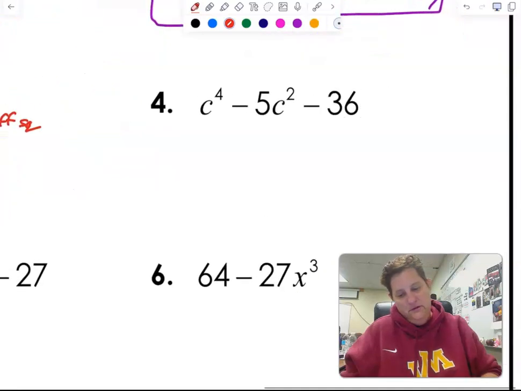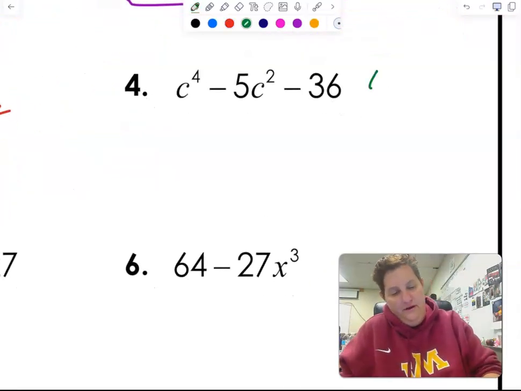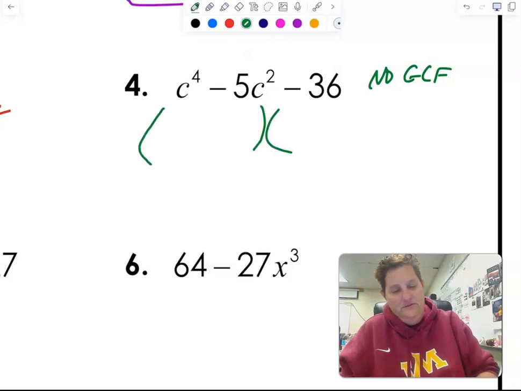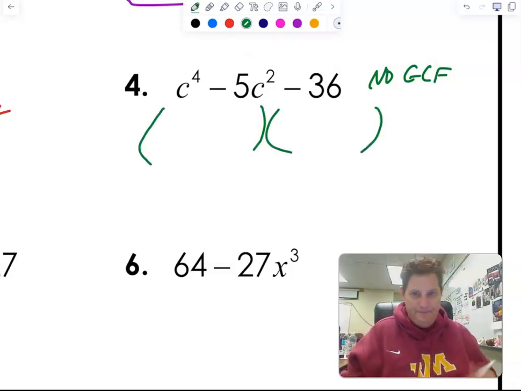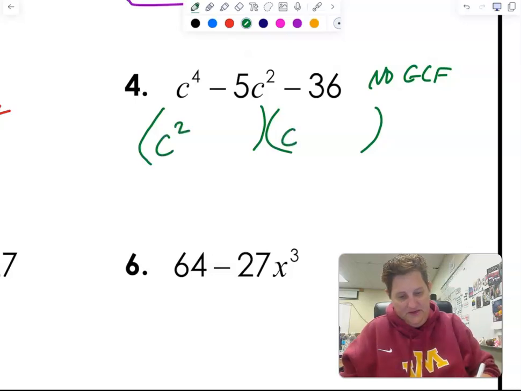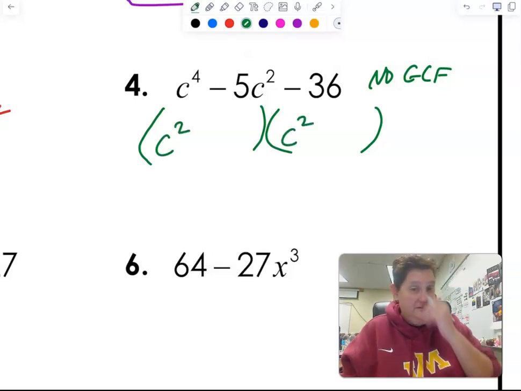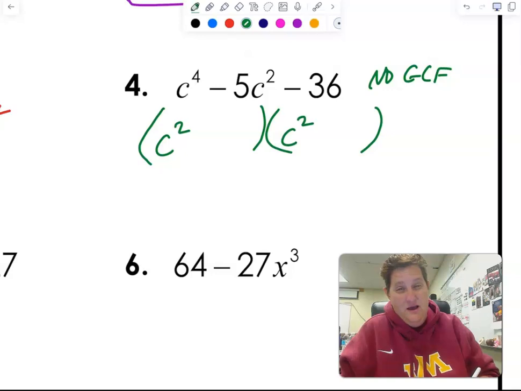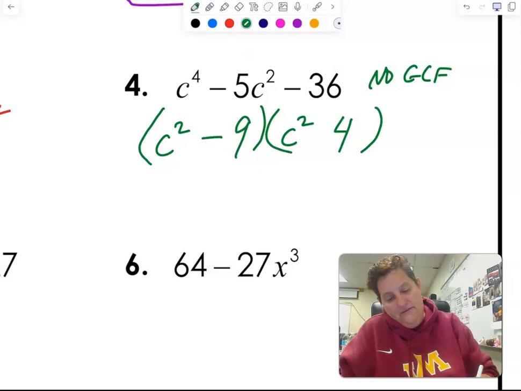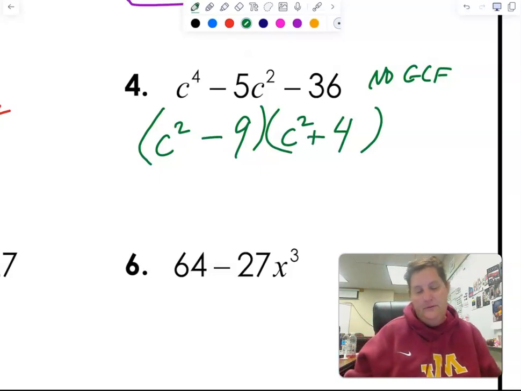Alright. Number 4, there is no GCF, but there are 3 terms. So I'm going to do this thing. That's c squared. And then multiplies to make 36, and adds or subtracts to make 5, so I'm going to use 9 and 4. Now to get negative 5, the 9 would be negative and the 4 would be positive.